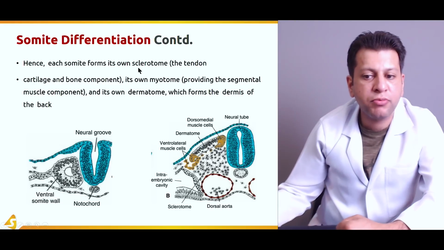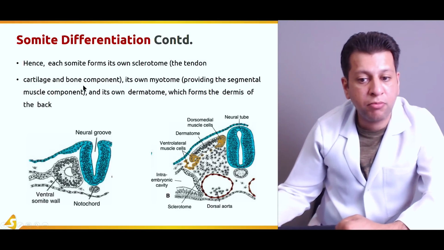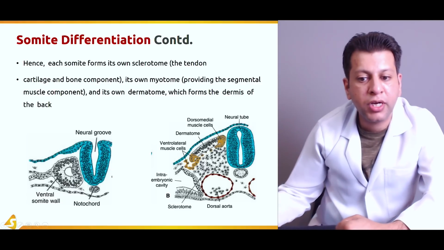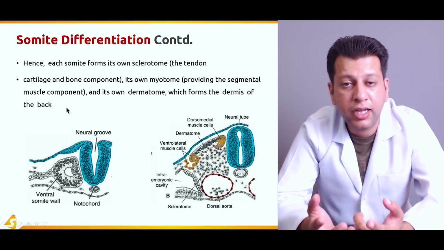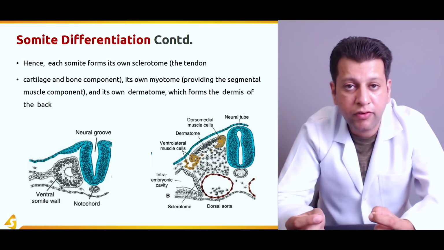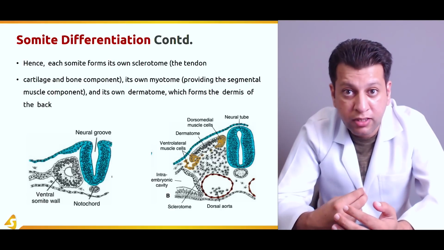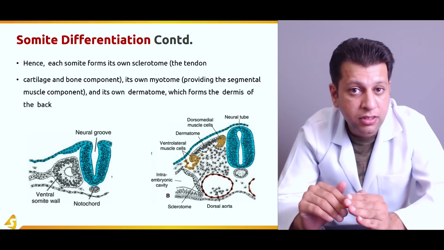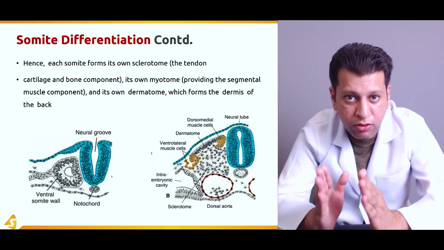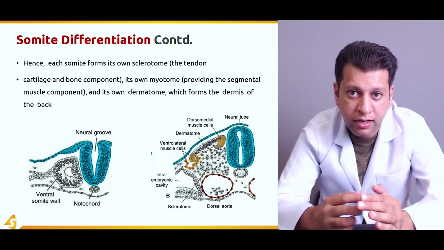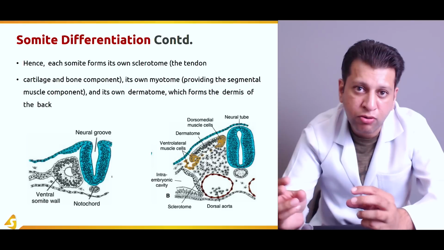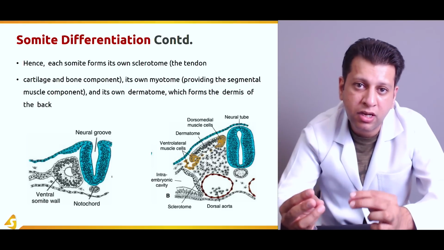Hence, each somite forms its own sclerotome, the tendon, cartilage, and bone component, its own myotome providing the segmental muscle component, and its own dermatome which forms the dermis of the back. That's why, if you see how the spinal nerves are arranged in adults, the neural crest cells have traveled, and this paraxial mesoderm differentiates to form a sclerotome which goes along, as well as a dermatomyotome.